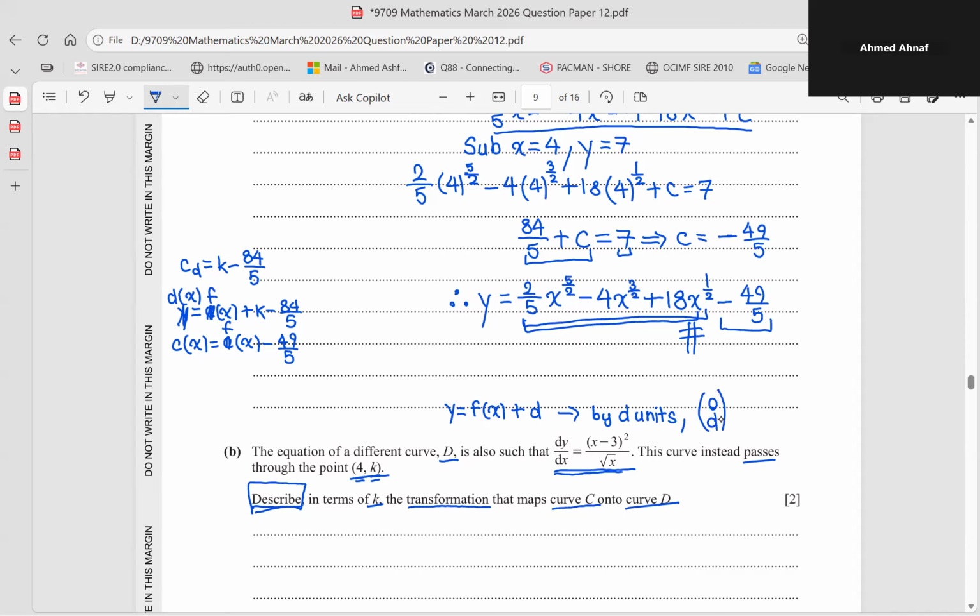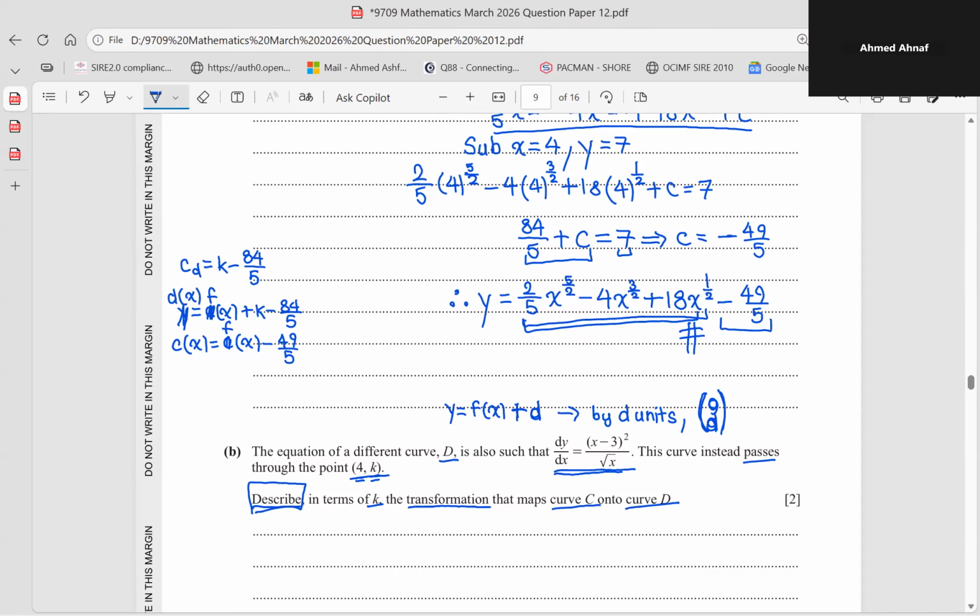So again, this is a reference to the previous translation question where we had to find the equation of the curve after those translations were applied. So this is the translation that happens when you add a constant such as d to a function. It gets shifted up by d units or through the vector 0, comma d.